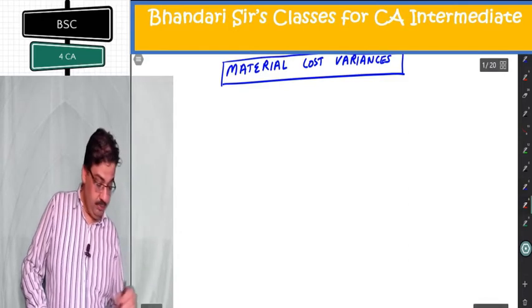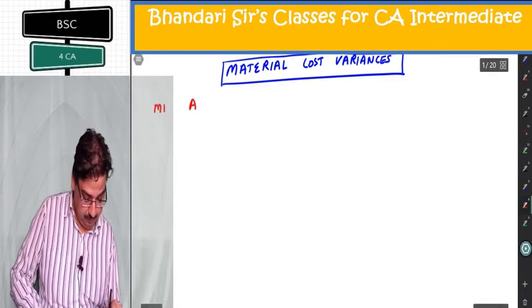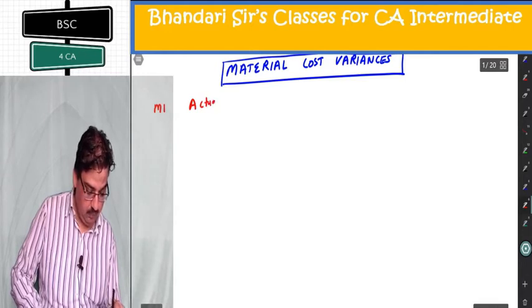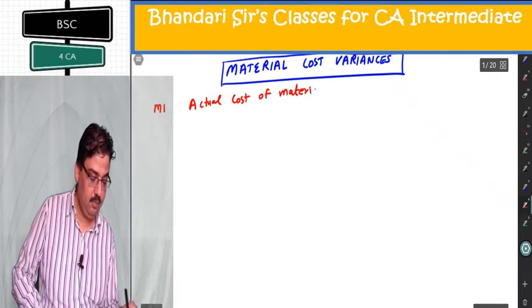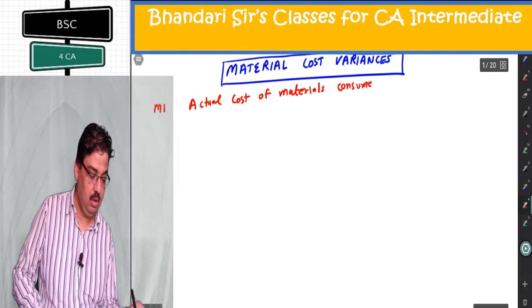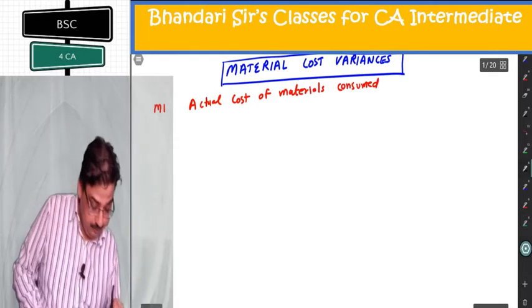Now, first step, M1, actual cost of materials consumed. How do I compute it?